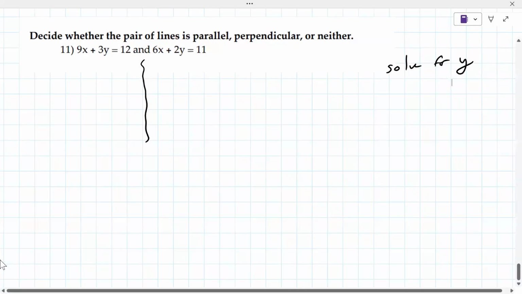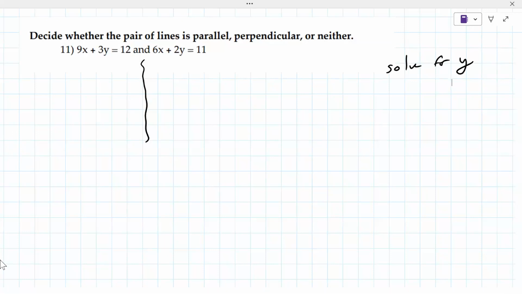Can you solve that for y for us, please? So it would be y equals 4 minus 3x.